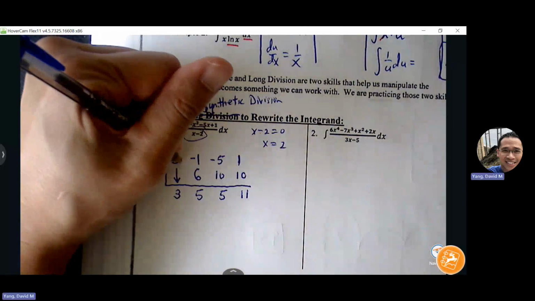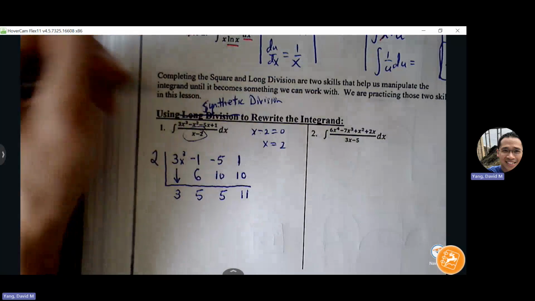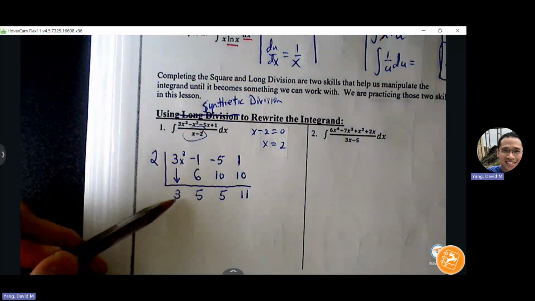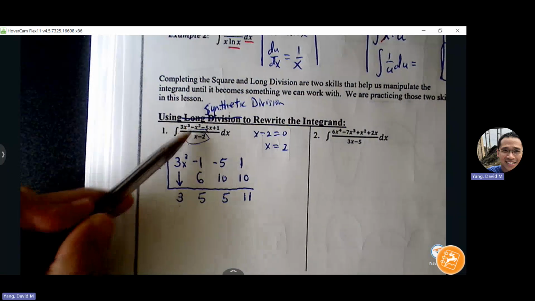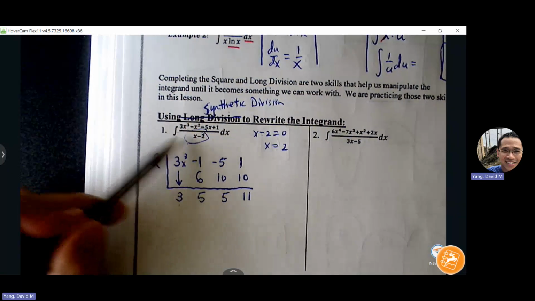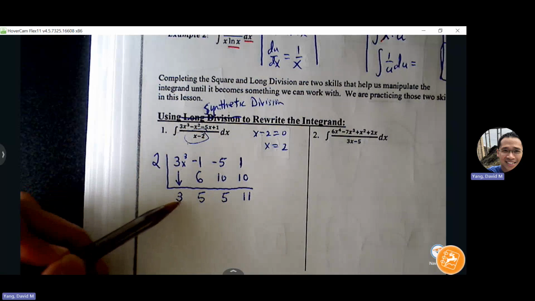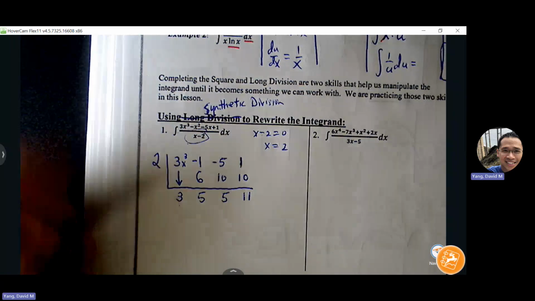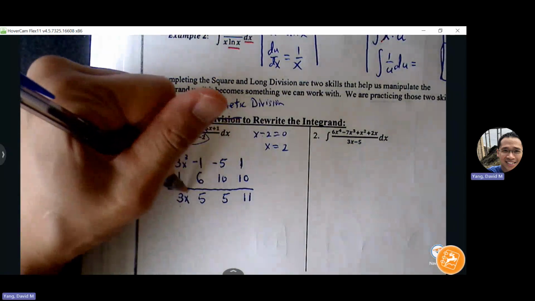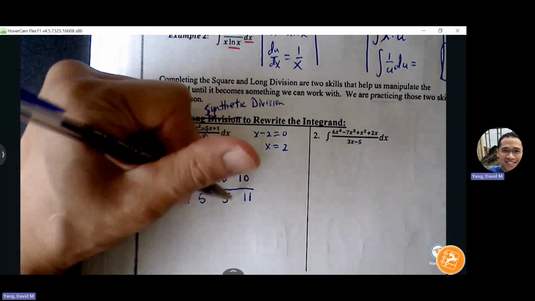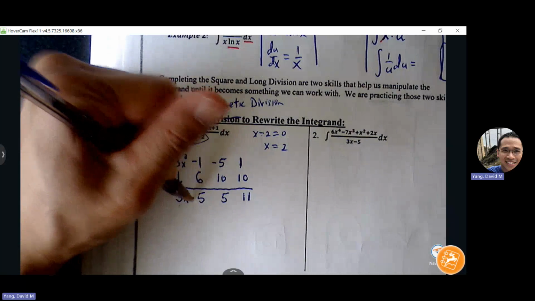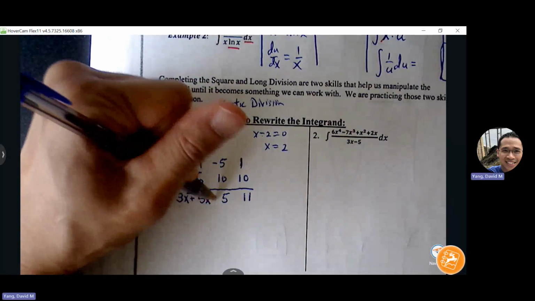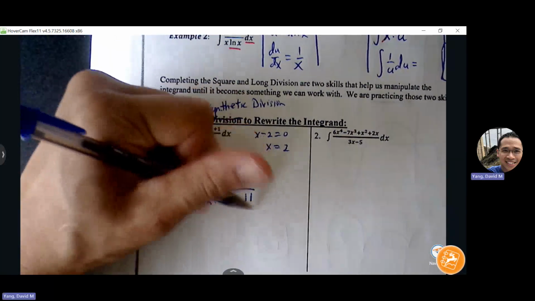Now, we're dividing by x to the first power. So what's going to happen is your degree, your cubic, is going to fall to a degree what? 1 degree lower, right? If I'm dividing all these by x to the first power, everything will fall by 1. So this is now going to be 3 what? x squared. And then from here, you're just going to go a degree lower for each term that follows. So 3x squared plus 5x plus 5, plus, and then guess what this is called?